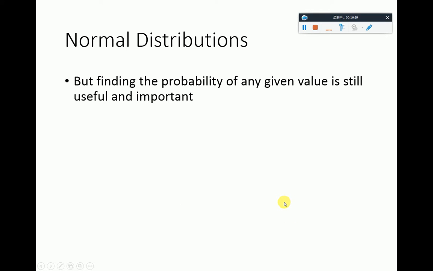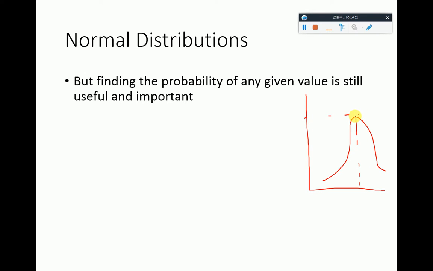But having said that, still we would like to know the probability of finding a given value, because that will give us very useful information. It's just that the previous example only says it is not correct to find the probability of a particular value using this kind of method.